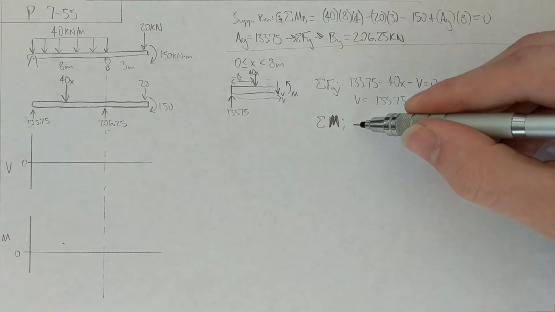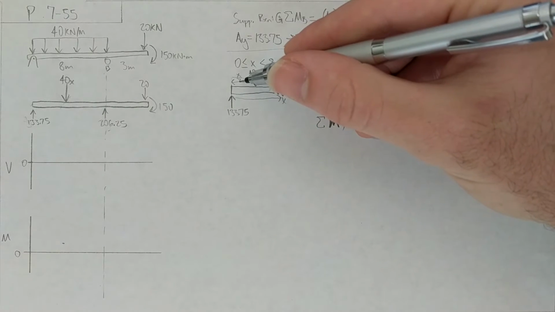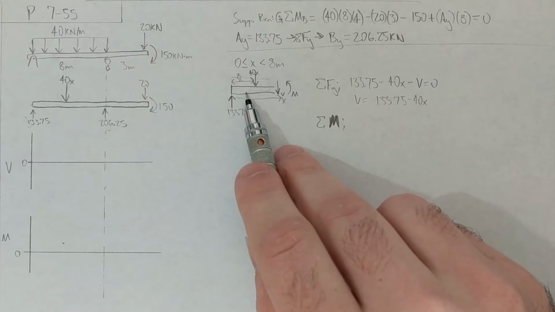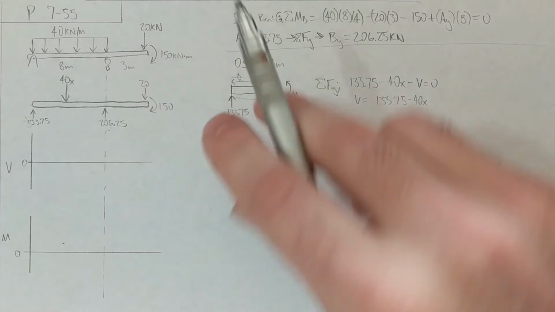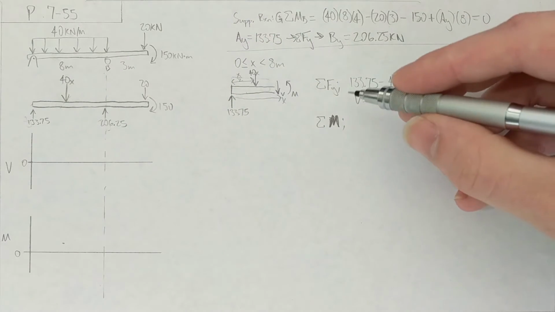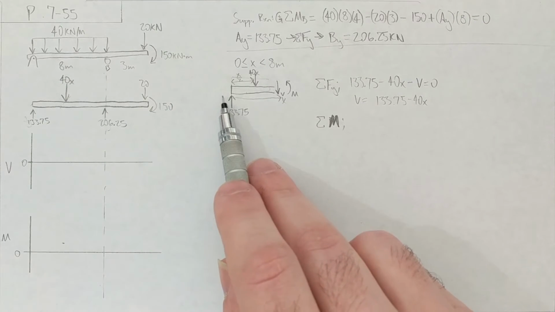Okay, so now we have our 40x, that's a distance of x over 2, and that's going to be turning things counterclockwise. Actually, first let's do our little point force. I like to work across.